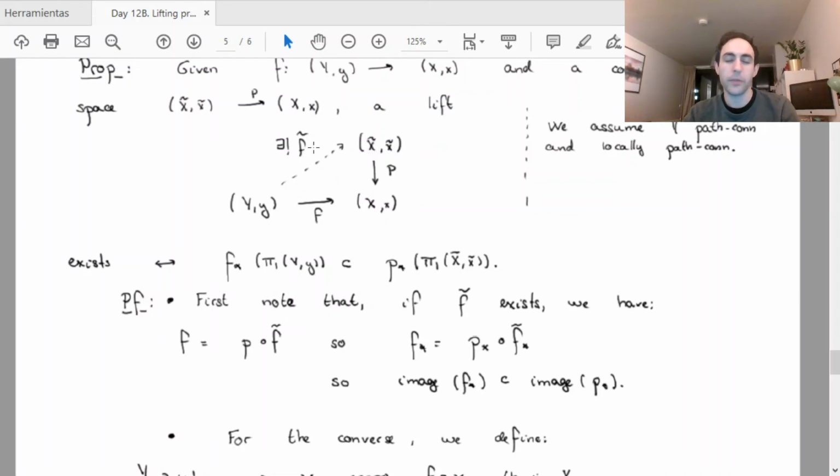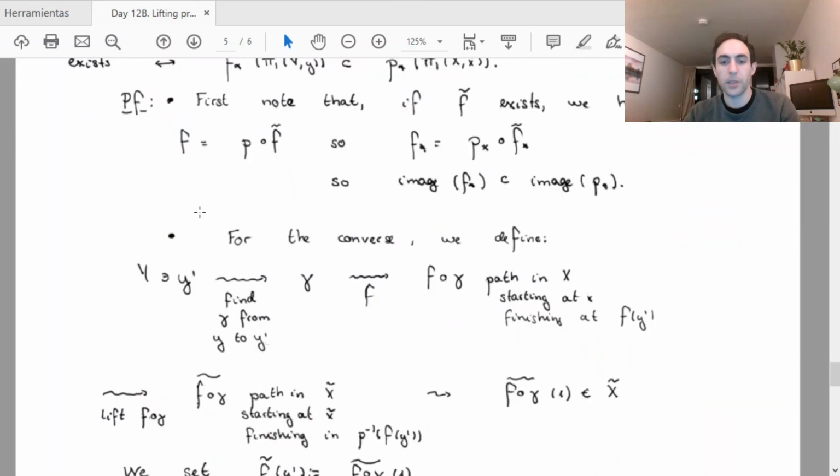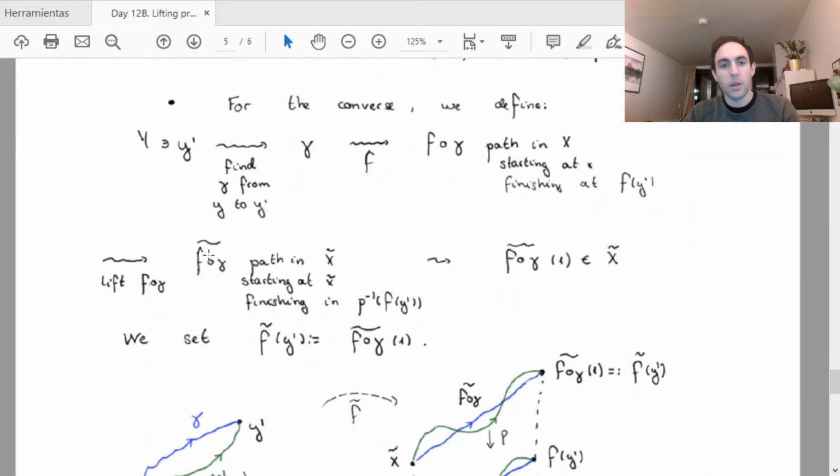Otherwise, we'll try to define f tilde and it will not be well defined. So let's try to do precisely this. You give me some y apostrophe inside of Y, and I want to define f tilde of y apostrophe. How do I go there? Well, I have to pass through paths because it's the only thing I know how to lift.